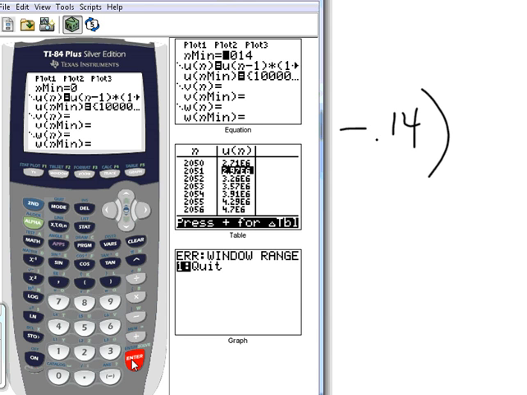And then u sub n minus 1 times 1 plus, and actually let's do a decay rate of 14%. So we're going to go 1 minus 0.14, end parentheses.